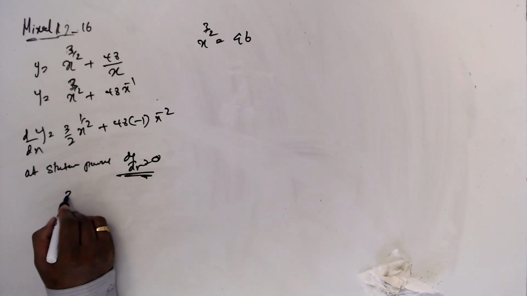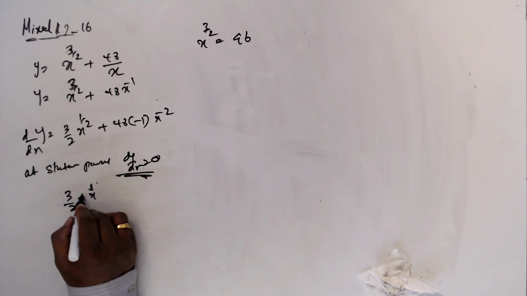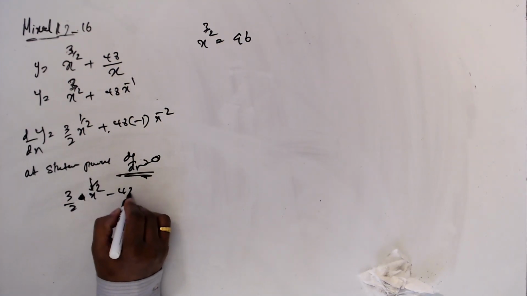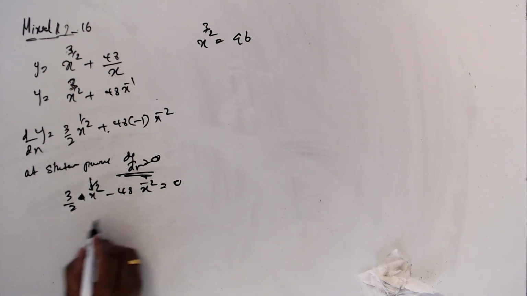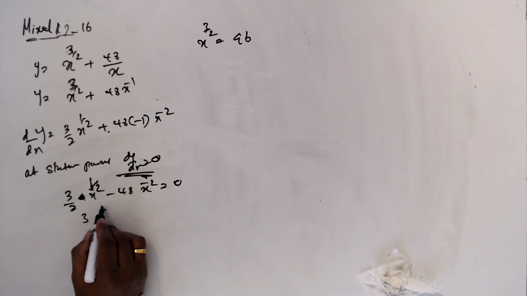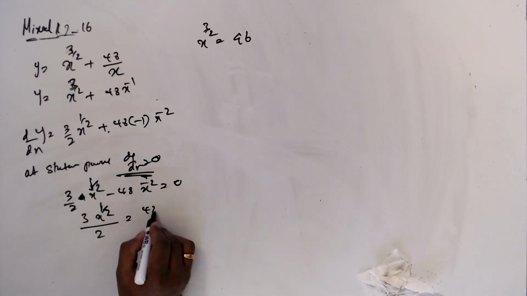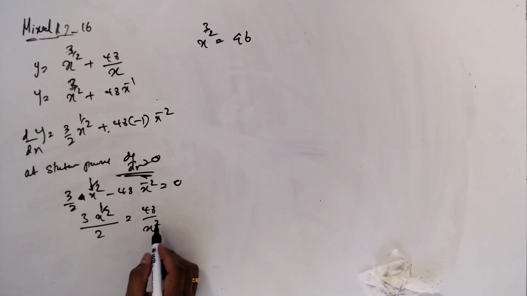So 3 over 2 times x^(1/2), this is minus 48 x^(-2) equals 0. Now 3 over 2 times x^(1/2) equals 48 over x squared.